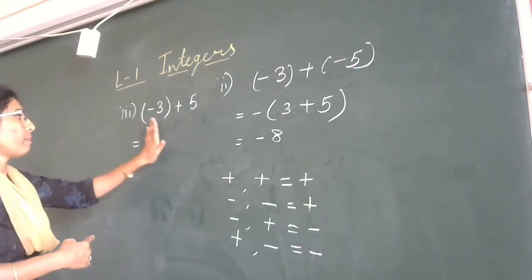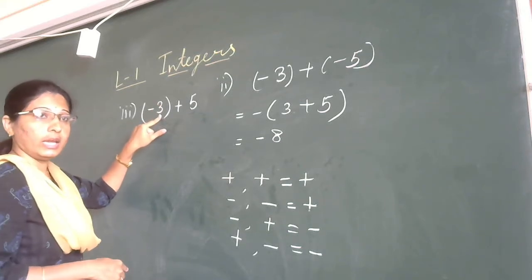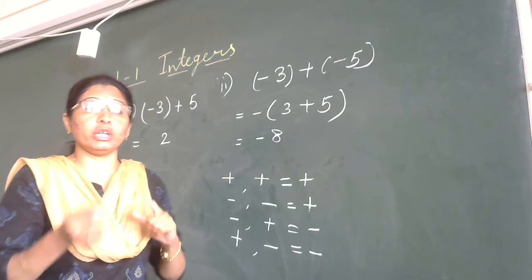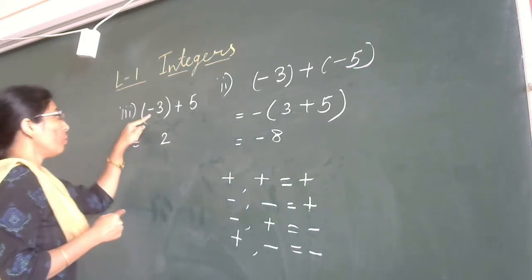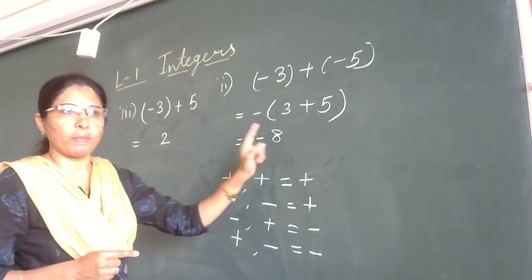When we subtract, 5 minus 3 is 2. After subtraction, what is important is how to put the sign. When both have the same sign, we put the common sign.